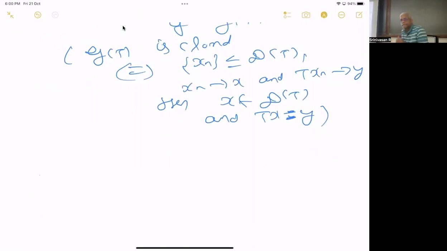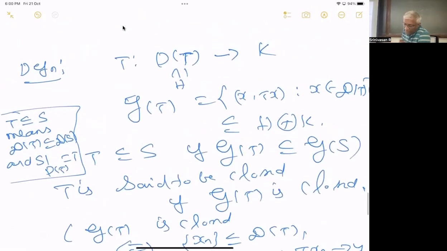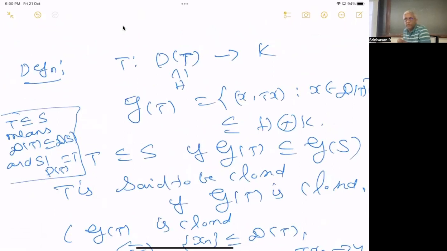Here do we mean that S and T both are densely defined? No need. If T is densely defined, then only you can have the adjoint. It is important that T is densely defined.